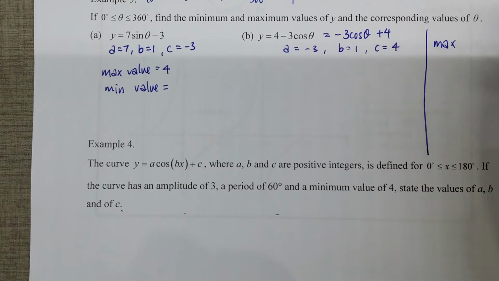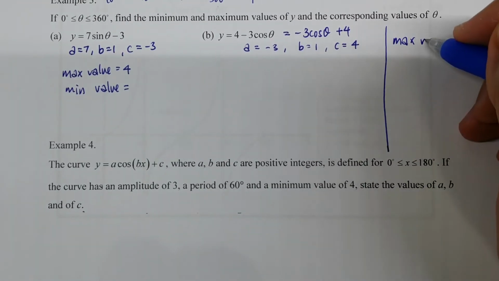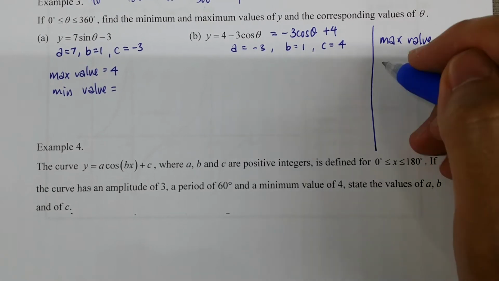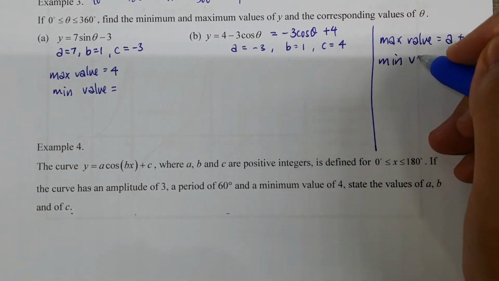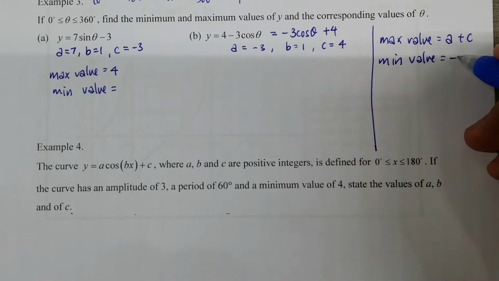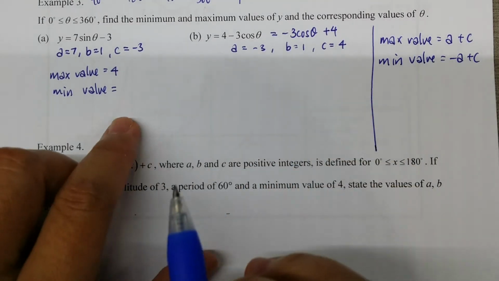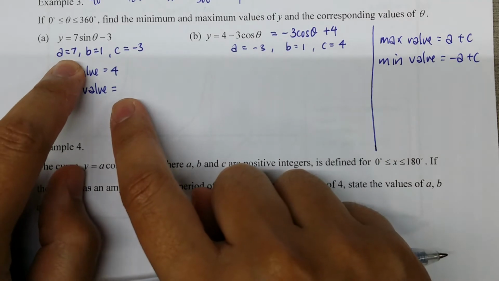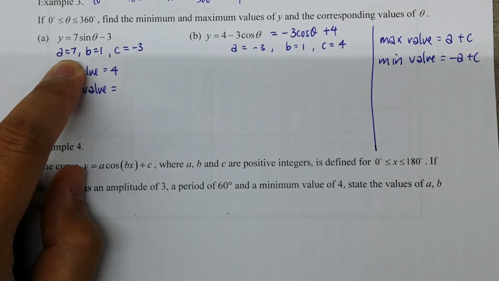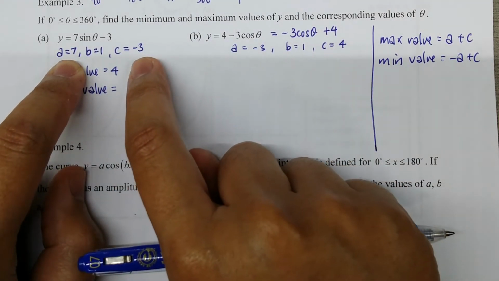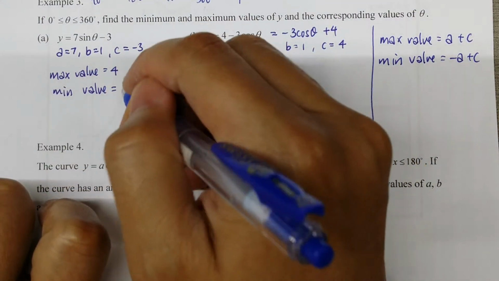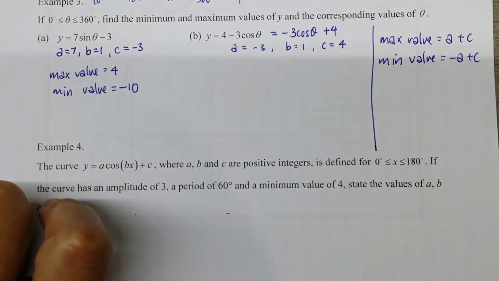So max value equals A plus C. So you can recall minimum value equals minus A plus C. So minimum value is minus A plus C. Minus A, so it's negative 7 plus C. Negative 7 plus negative 3. Minus 7 minus 3. Negative 10. Okay, you can press your calculator if you're not sure.